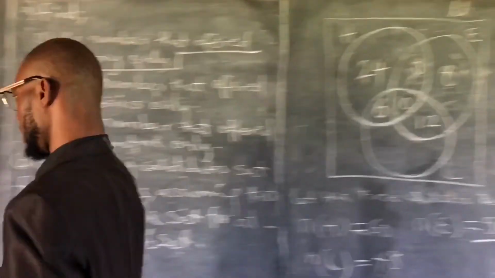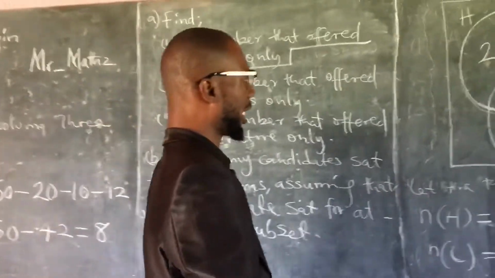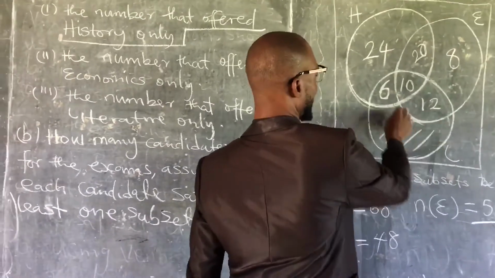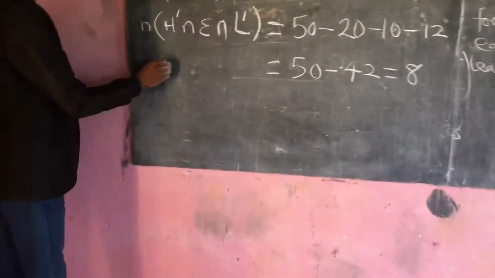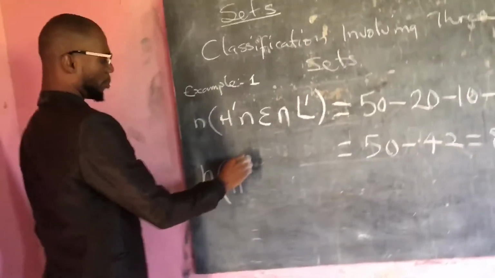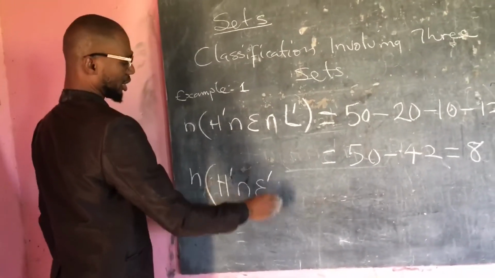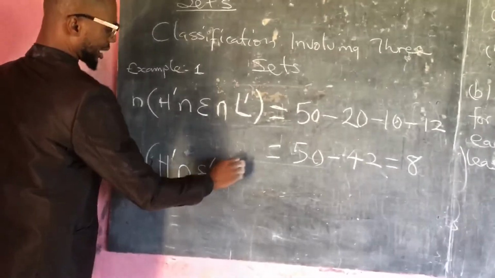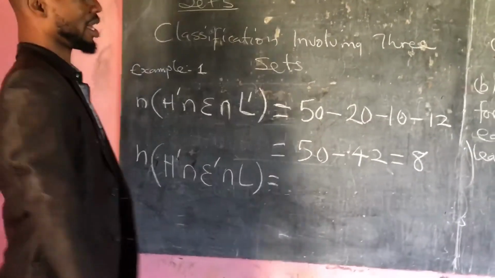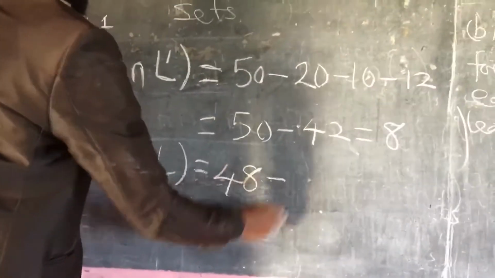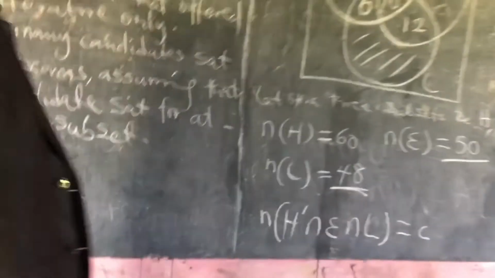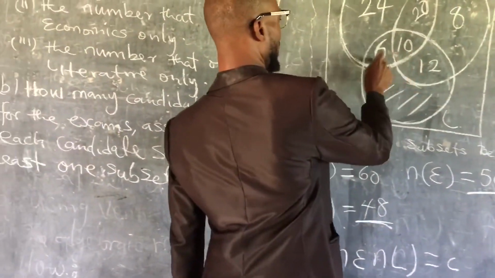The next one, we could check this side and that side, and the cardinality of H complement intersect E complement intersect L. Then we collect everything we did on that side. Now it is 48. So we take 48, and then we minus every subset we did inside. This one, this one, this one, this one.